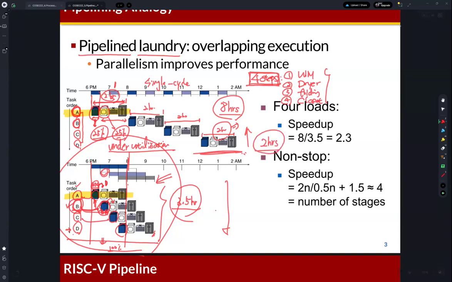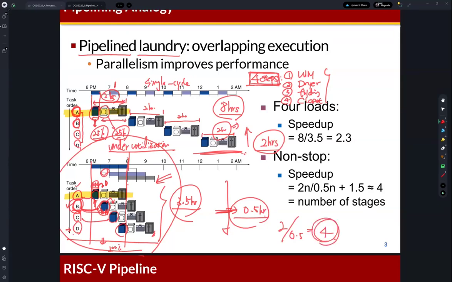How about this pipelining manner? If we apply the pipelining manner, then this system can receive a new task every half hour, right? Then what is the speed up? Speed up is 2 divided by 0.5, so it's 4.